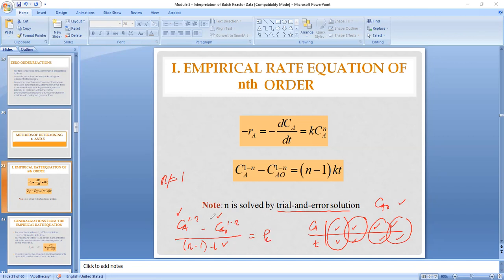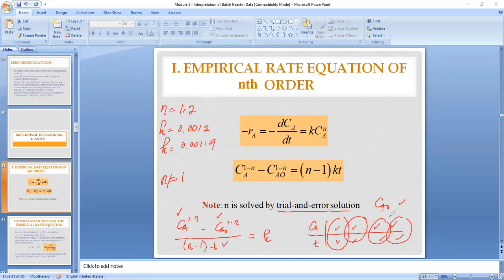For whichever n value you have substituted here, k should not vary that much. For example, for the first pair, your k is 0.0012, for an assumed n of, let's say, 1.2. For the next pair of data, you still assume this 1.2, you use the second pair of data, and so for k, for example, you have 0.00119. You're okay.